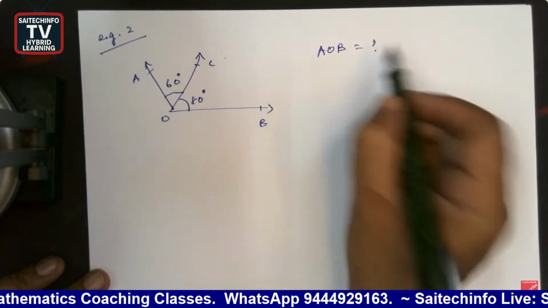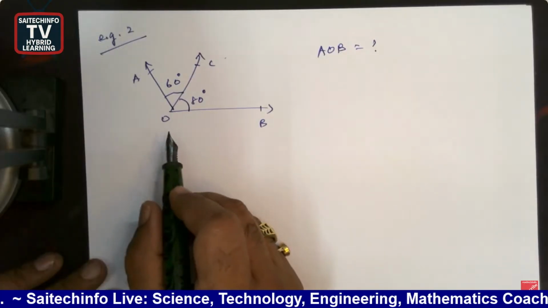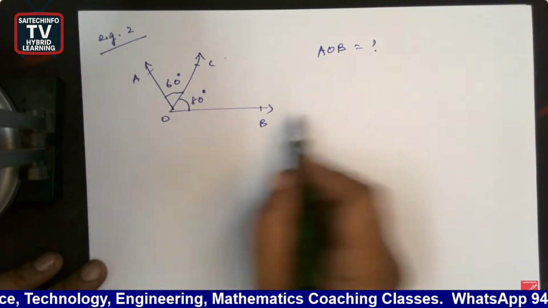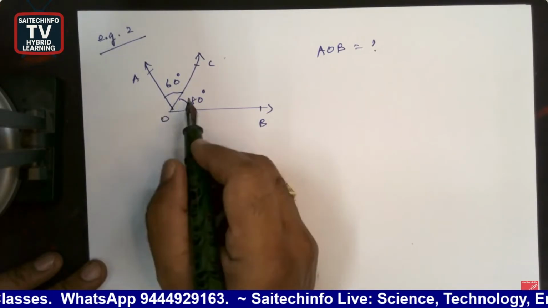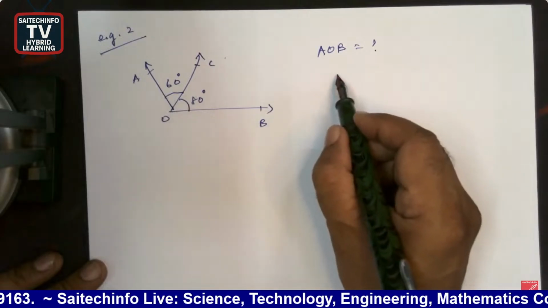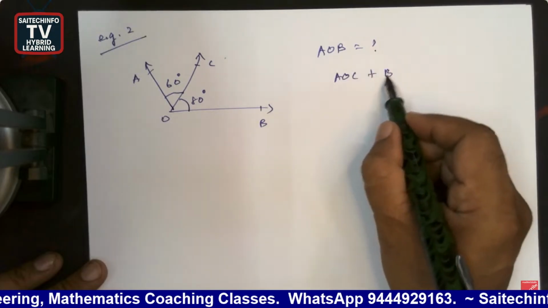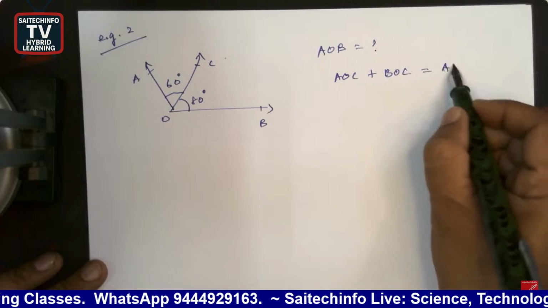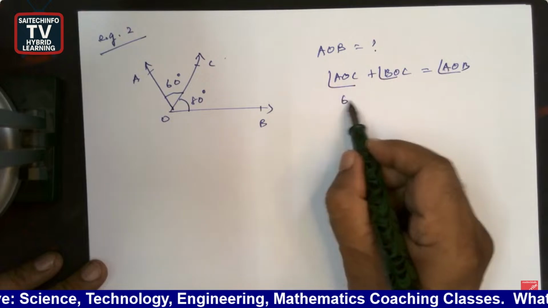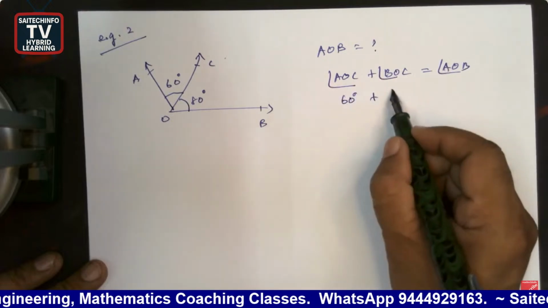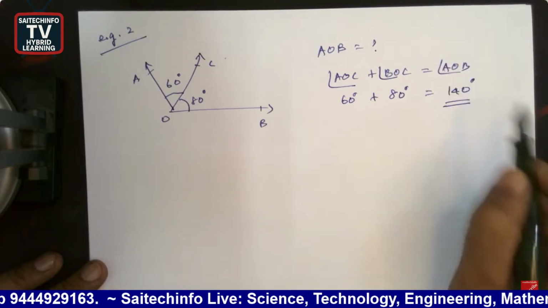Anyone? 60 plus 80, that's all, 140 degree, because they are linear pairs, okay, not linear pair, adjacent angles. So AOC plus BOC is equal to AOB. AOC is given here 60 degree, BOC 80 degree. Therefore AOB is 140 degree. Okay.